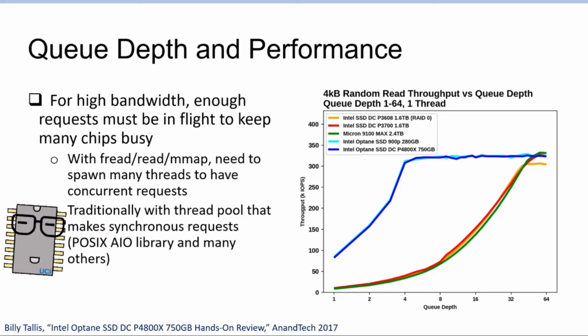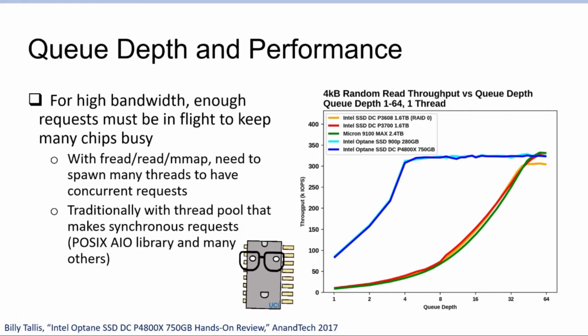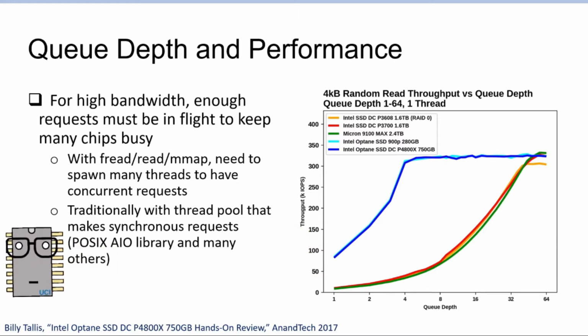Most of the threads will just be sitting there waiting for storage to come back. So that's one way to do it. And there's actually a library, well, many libraries, but a couple of libraries that provide this functionality. For example, the POSIX AIO library, POSIX asynchronous IO, and we'll talk about this in a bit. And there are many others.